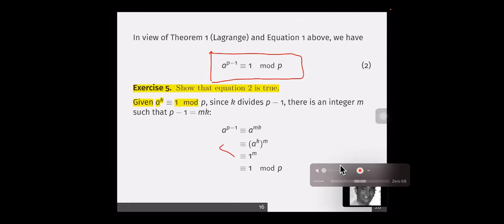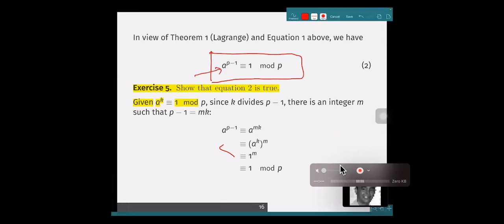What we will do is substitute here a raised to the q minus 1. So this becomes a raised to the q minus 1, raised to the p minus 1, is equal to 1 modulo p.